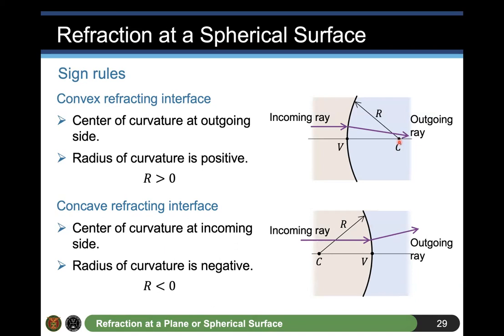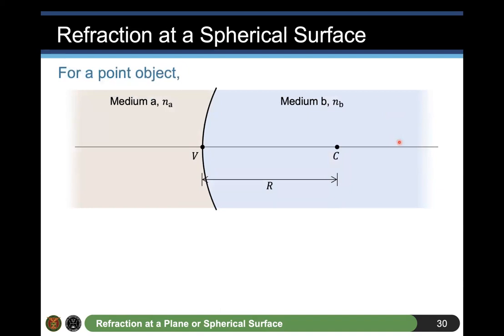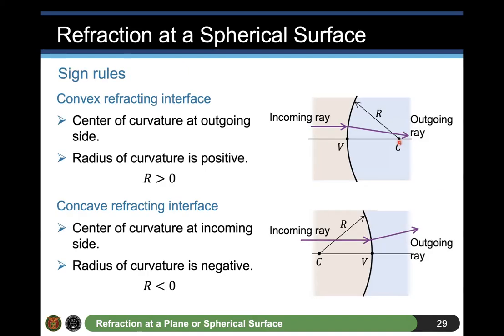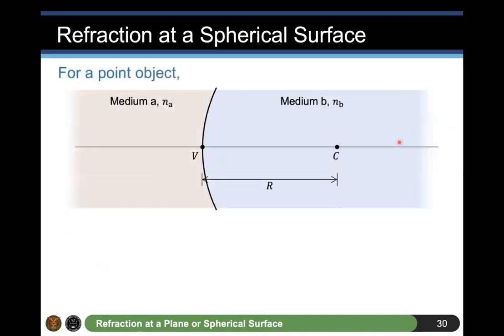And the focal point or focal length F will be the same signs for R kasi nga F equals R over 2. Okay? So, magpapalitan ng konti sa refraction. Okay? So, let's see some cases. Kung point object, ito yung SO. Okay?